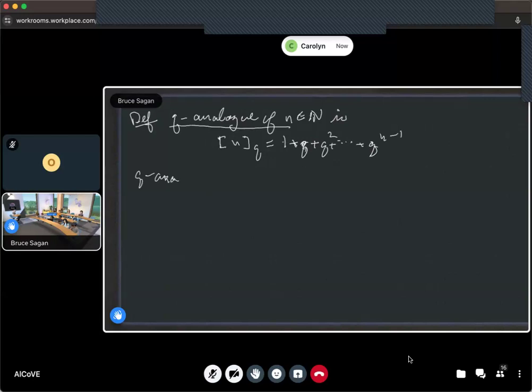Then the q-analog of n factorial: rather than taking the product of the first n integers, we take the product of the first n polynomials. So that's going to be brackets 1 sub q, brackets 2 sub q, et cetera, up to brackets n sub q.